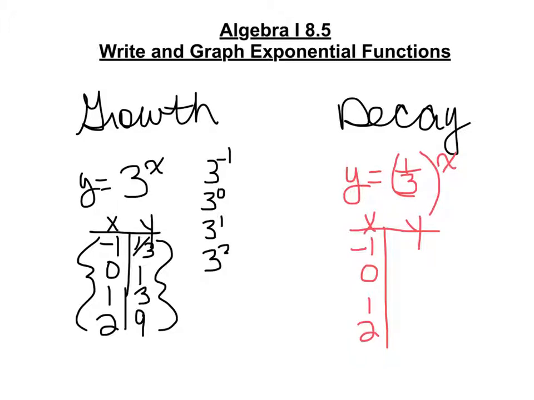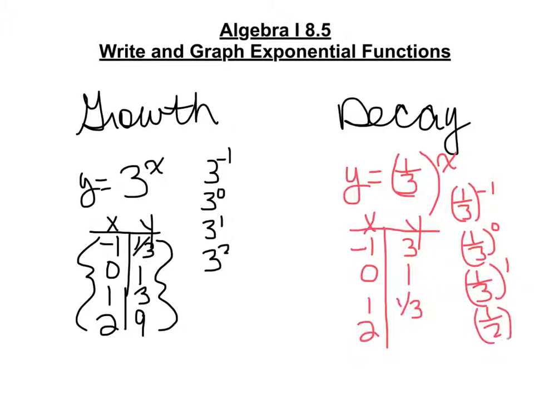So if we put -1 in for x, that's 1/3 to the -1. Remember, a negative exponent flips that value, so we're going to get 3. When you put 0 in for x, that's 1/3 to the 0, and that is 1. We'll put 1/3 raised to the 1, and that's 1/3. And 1/3 raised to the second is 1/9. So as your x value is increasing here, your y value is decreasing exponentially.